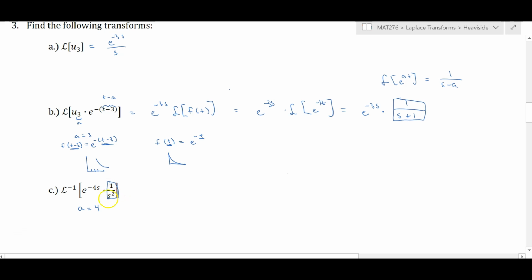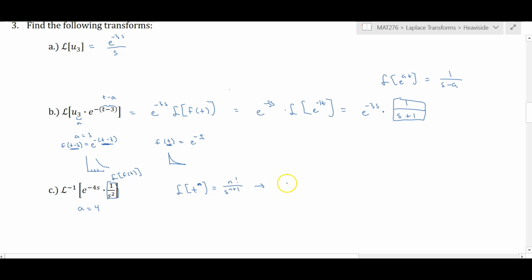This is already the Laplace of some f of t. So you have to begin by thinking about, well, what is the inverse Laplace transform of that? And if we recall that the Laplace of t to the n is n factorial over s to the n plus 1.